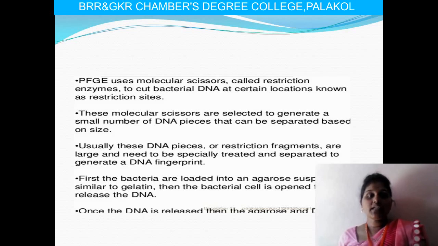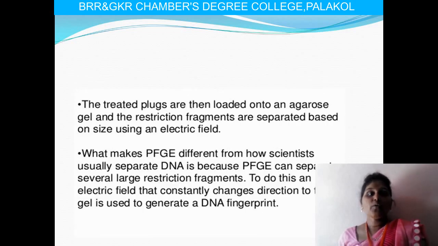First the bacteria are loaded into an agarose suspension, similar to a gelatin. Then the bacterial cells are opened to release the DNA. Once the DNA is released, the agarose and the DNA are separated. These treated plugs are then loaded onto the agarose gel and the restriction fragments are separated based on size using an electrical field.